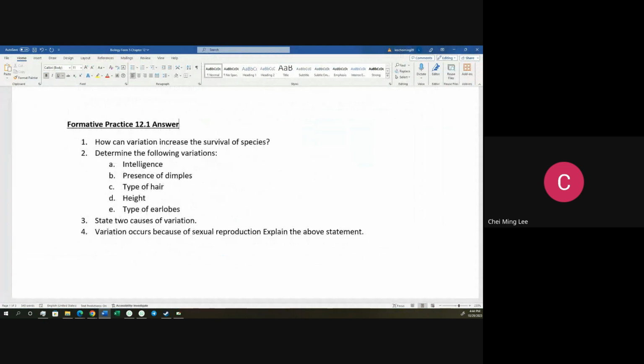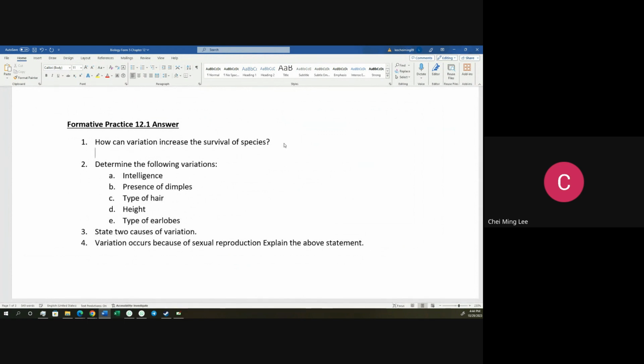All right, so how can variation increase the survival of a species?